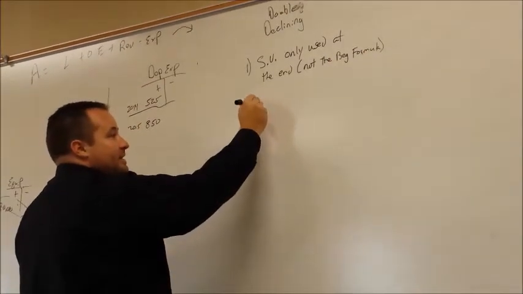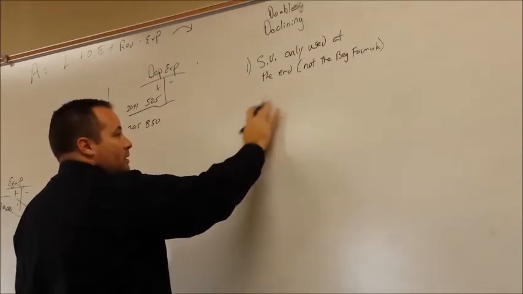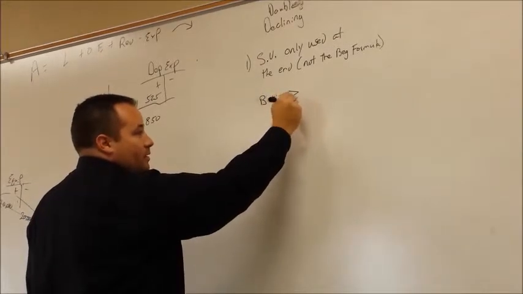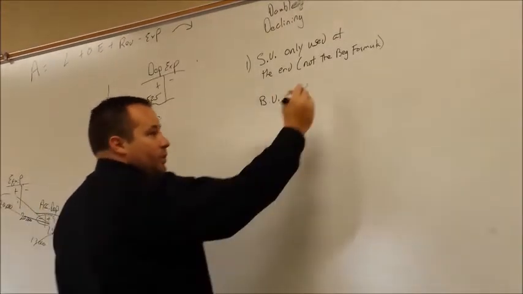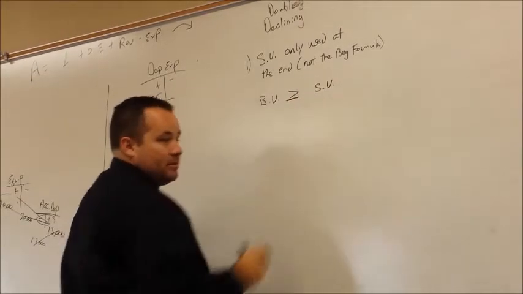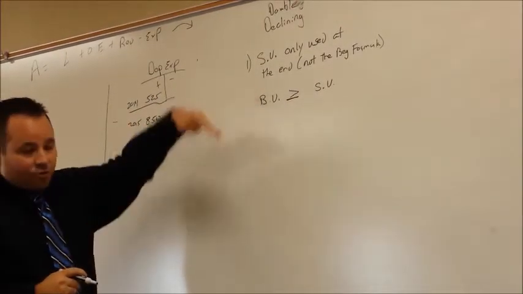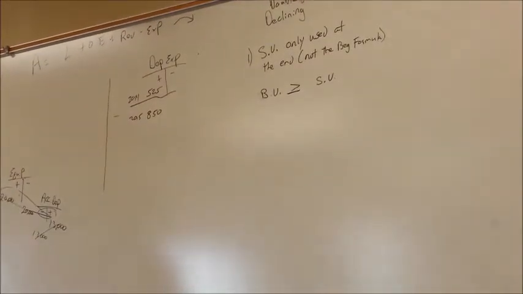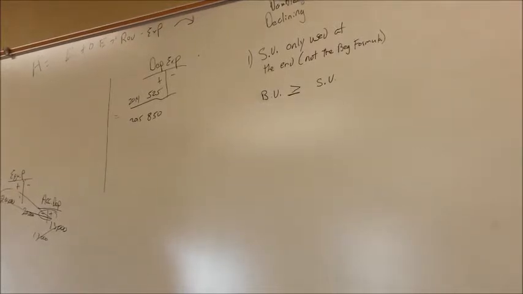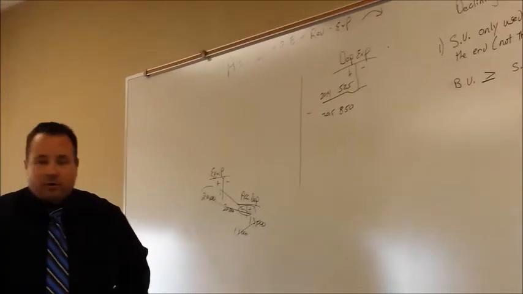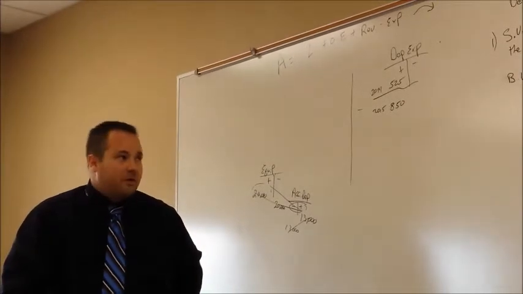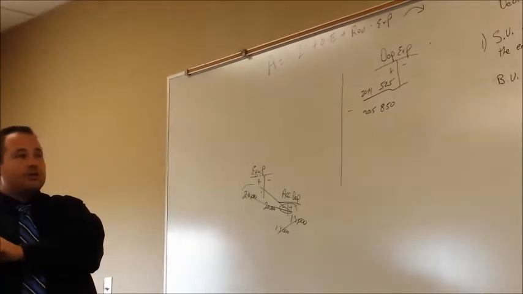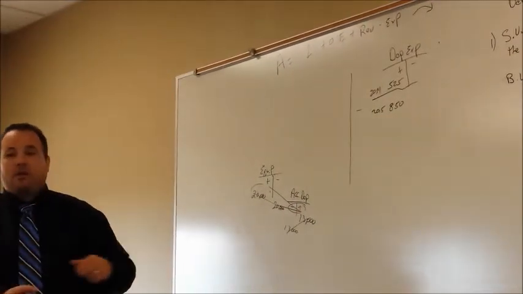What I mean by the end is the book value must always be greater or equal to the salvage value. Okay, your book value cannot drop below the salvage value. So if you have a salvage value of $5,000, the book value of your asset better never go below $5,000. That's one of the rules of double declining. Since you don't use salvage value in your equation, you just got to make sure the book value doesn't drop below.